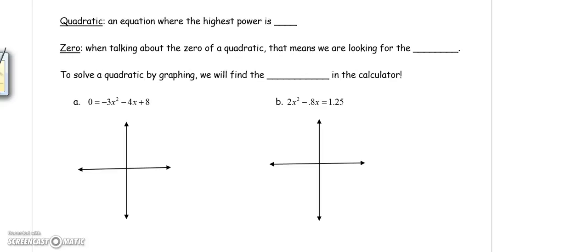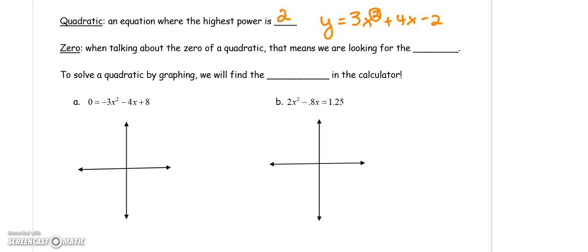As a reminder, a quadratic is an equation where the highest power is 2. So for example, if we had y equals 3x squared plus 4x minus 2, it's a quadratic. X squared is the highest power. And a 0, that's another important thing to know.